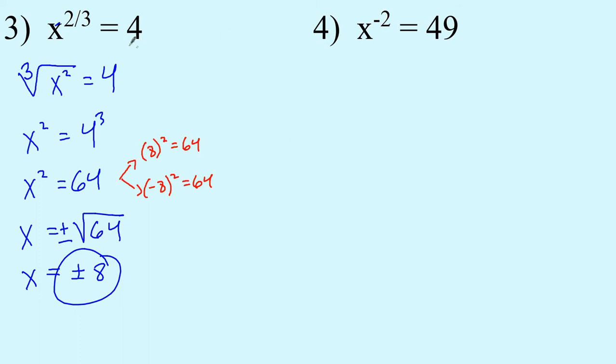Alternatively, you could have thought of it as, let's see, so if you have x to the 2/3 equals 4, all we had to do is raise the other side to the 3rd power and then take the square root. Okay, I'm sorry, we took the square root, got to put plus or minus. Ooh, almost forgot.